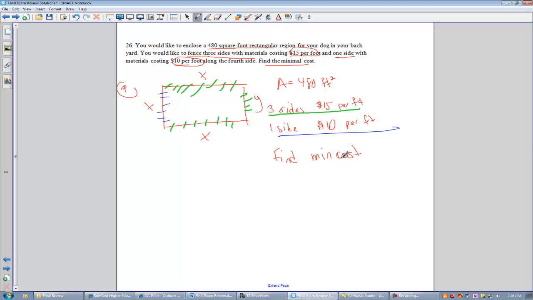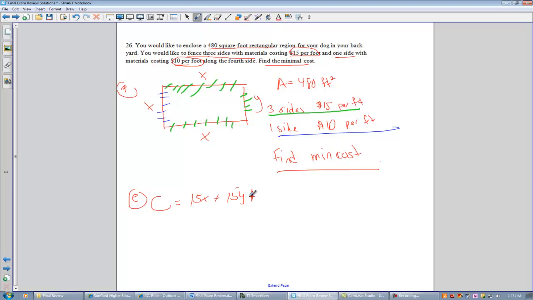What are you trying to find? Because that leads to my equation, which is a cost equation, because that's what I'm minimizing or maximizing. I have to ask myself, if I have x feet here, how much is it going to cost to build this side of the fence? Well, it's $15 per foot, and I have x feet, so it's 15x for that side. Plus, for this side, it's 15y.